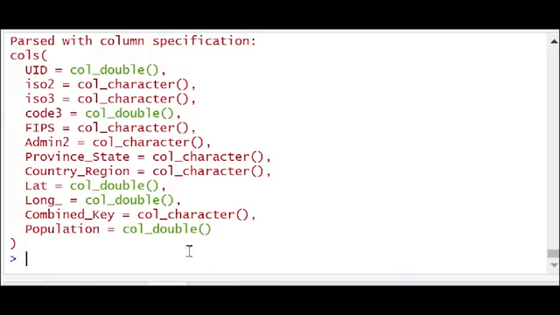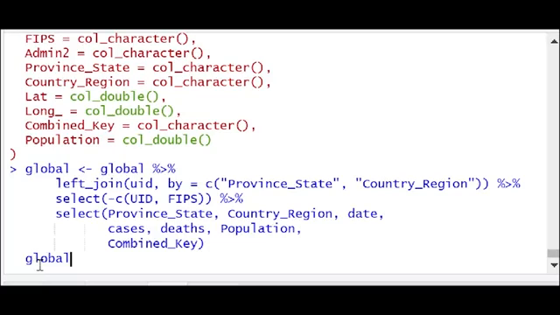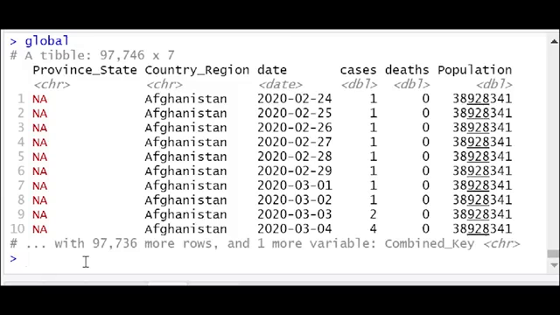You see, it's going to have the population for these different countries. So what I'm going to do now is join that together with my global data set. And in this case, I'm going to tell it exactly what to join it by. I'm going to join it by province state and country region. And then I'm going to select everything except for those columns, and then I will select these columns from it. And when I do that and look at global, now I see that for each country, I have added the population to that data set.